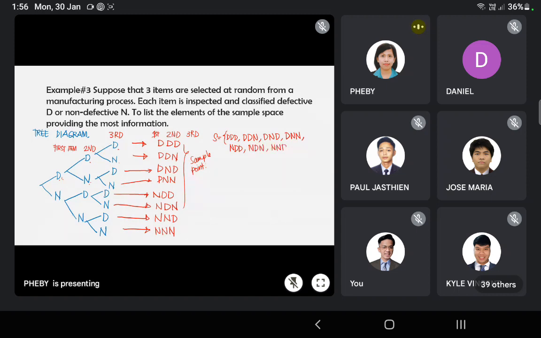So, therefore, how many possible outcomes come out when you pick three items? So, 1, 2, 3, 4, 5, 6, 7, 8.